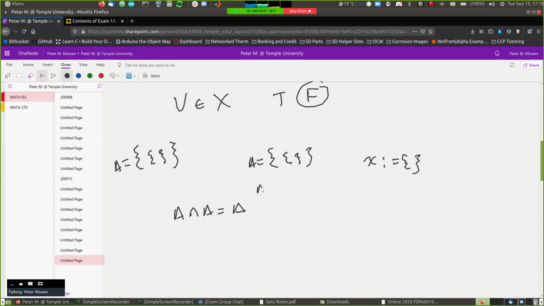And then we could write this as A is equal to x, the singleton of x. And then it's pretty easy to see that if you've got the intersection of these two things, that just contains x, and that's just A. If you've got x intersect x, that's just equal to x.